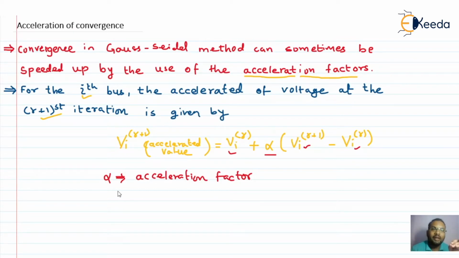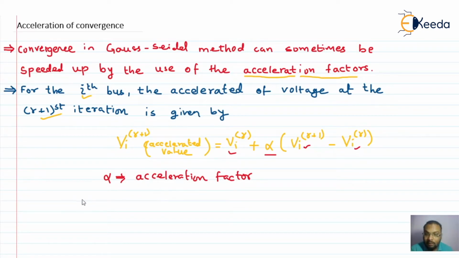Consider any value of alpha and take a trial load flow. Then you see whether your method is converging or diverging, and if converging, whether rapidly or slowly. Based on that you can choose the value of alpha for your system.